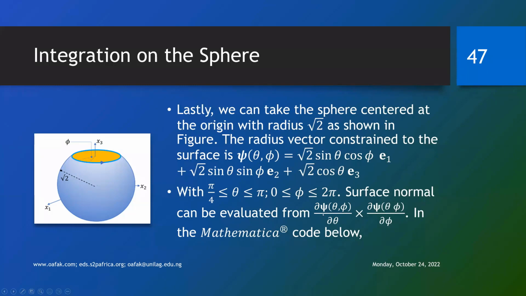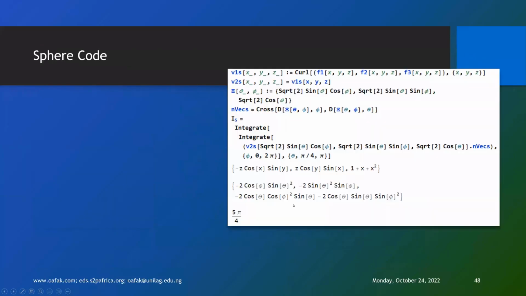And then the surface normal is evaluated exactly the same way. You differentiate this function with respect to the first variable, and then you differentiate it with respect to the second variable, and you take a cross product. In the mathematical code below, that is what we do here. So you have, again, the curl of F1, F2, F3 as defined before.